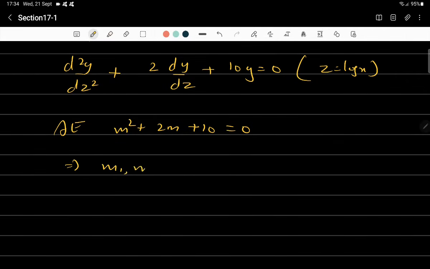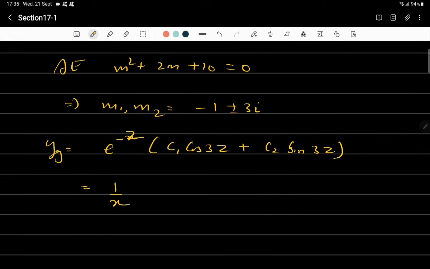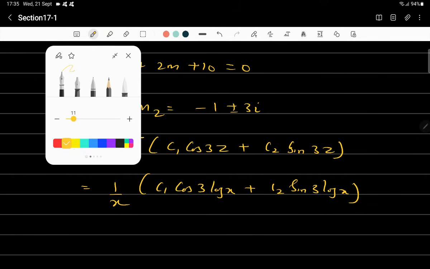So the roots come out to be, please do try by yourself, minus 1 plus minus 3i, which means the general solution is e raised to the power az, so e raised to the power minus z, c1 cos bz, so c1 cos 3z plus c2 sin 3z, which can be written as e raised to the power minus log x, which is 1 by x, times c1 cos 3 log x plus c2 sin 3 log x. So this is how we solve the Euler equidimensional equation.